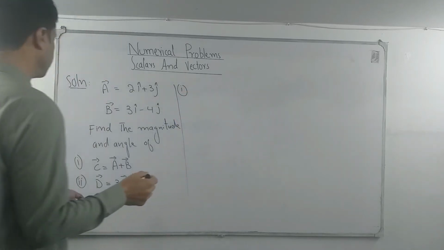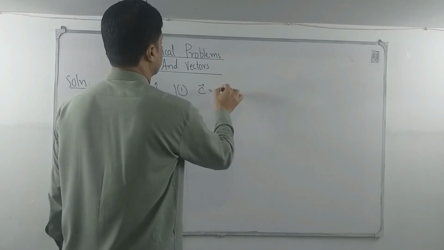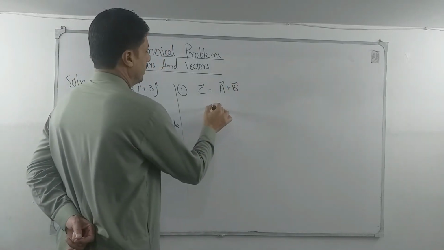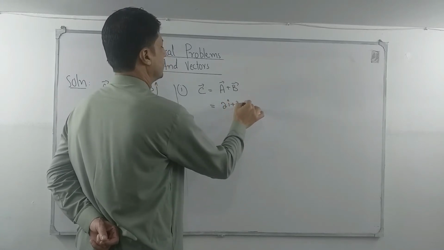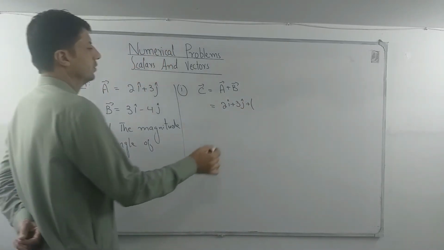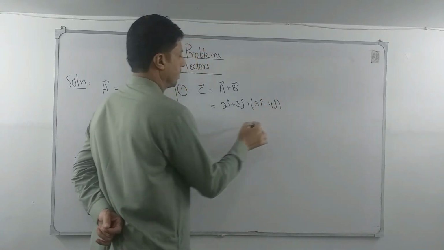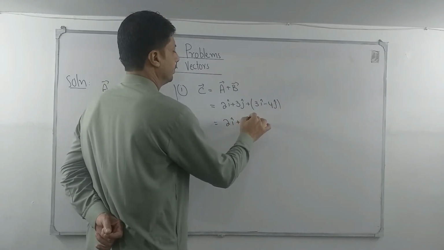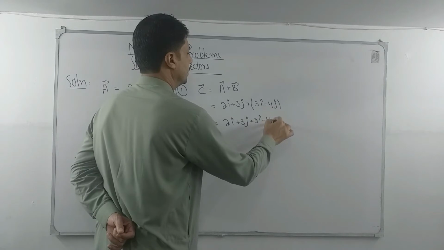C is equal to A plus B. So the vector C is equal to A plus B. A is equal to 2i plus 3j, plus B is equal to 3i minus 4j.